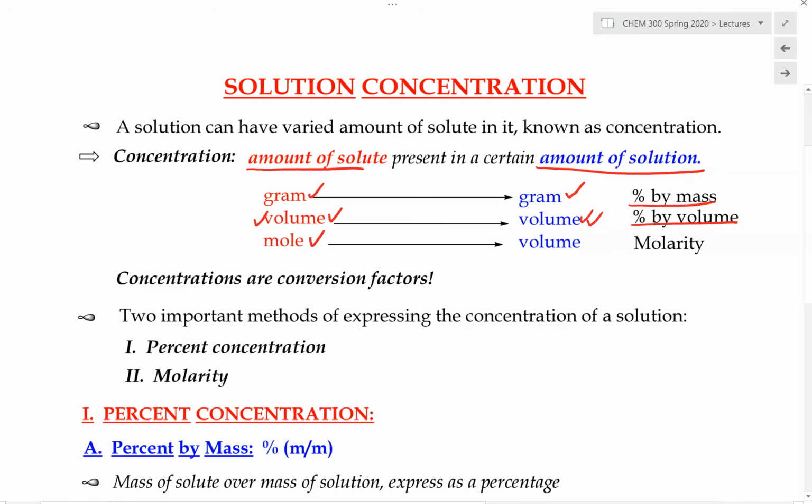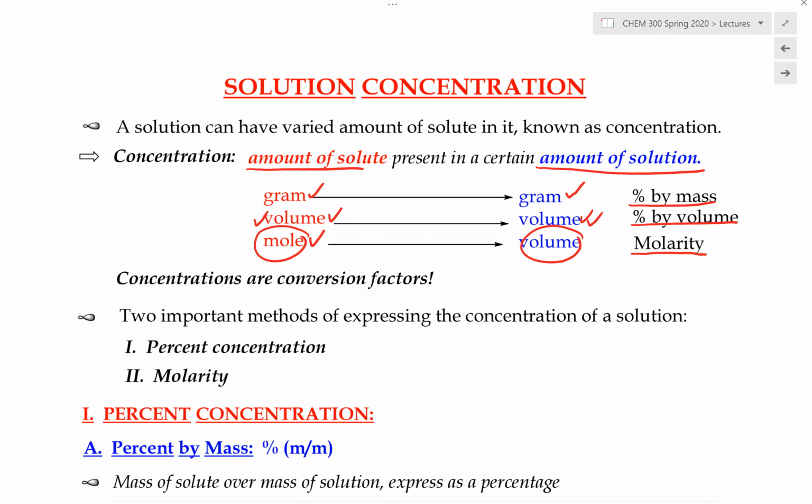Similarly, we can also describe the amount of solute as moles, and the amount of solution as volume. This method will then be known as the molarity. In addition to the examples that we have seen here, there are also several other methods of expressing the concentration of a solution.